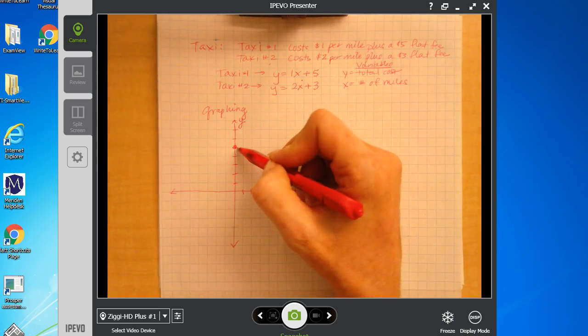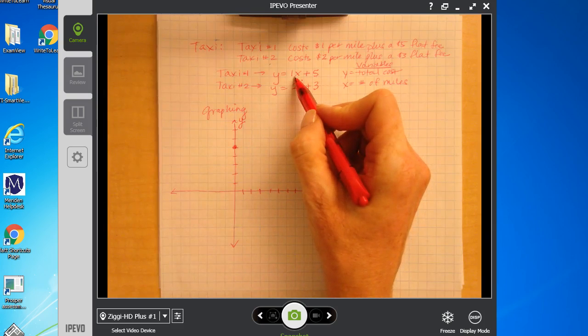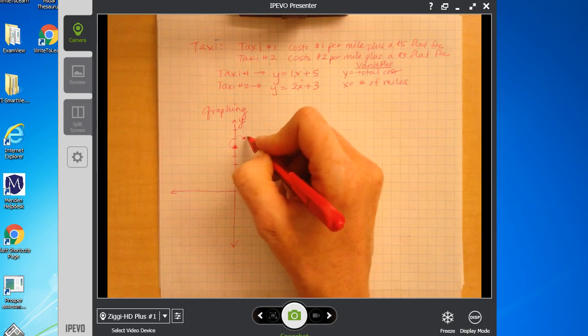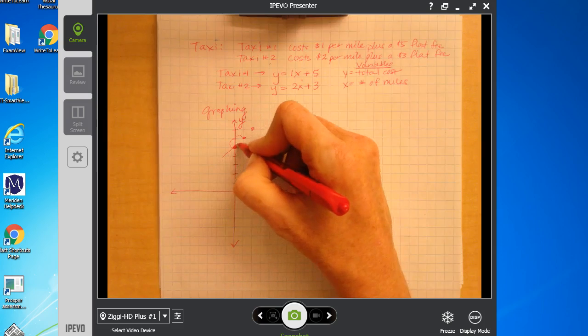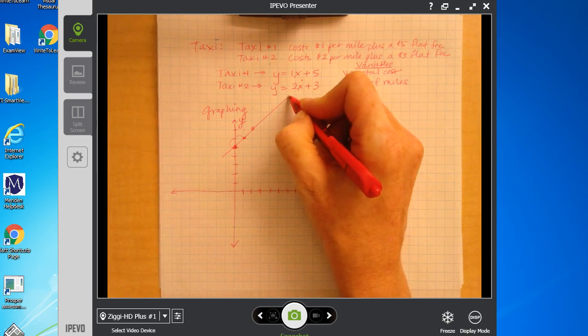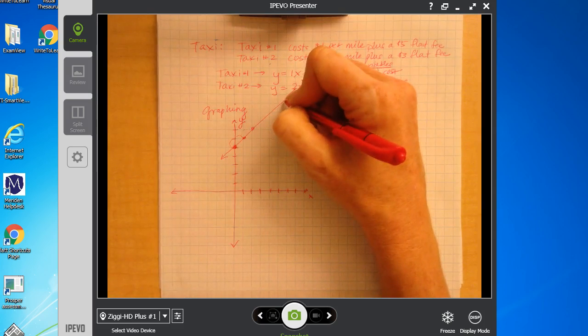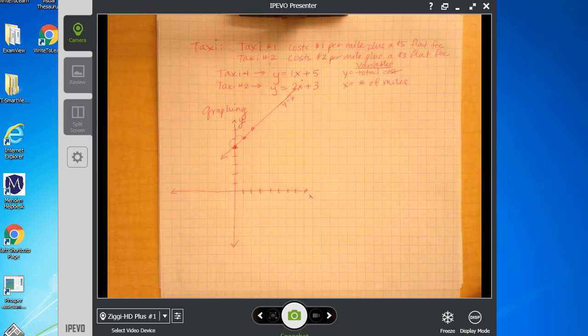Right, there's my b value. Okay, 0, 5. And my slope is just 1 over 1, up 1 over 1. There's another point. If I want to keep going, up 1 over 1. Okay, so I'm going to draw that one there as y equals x plus 5.